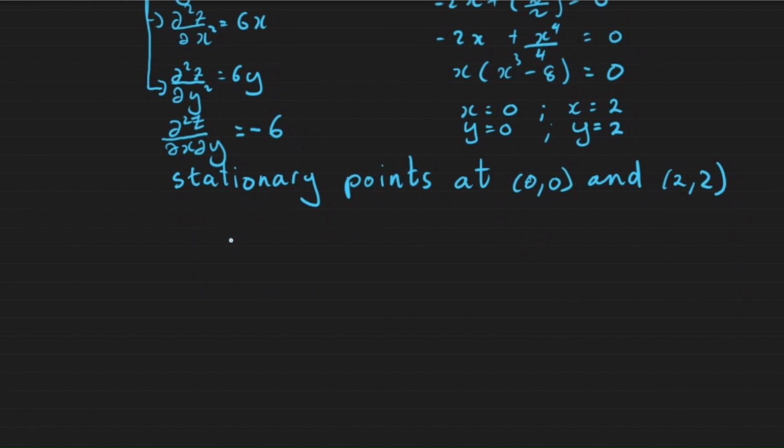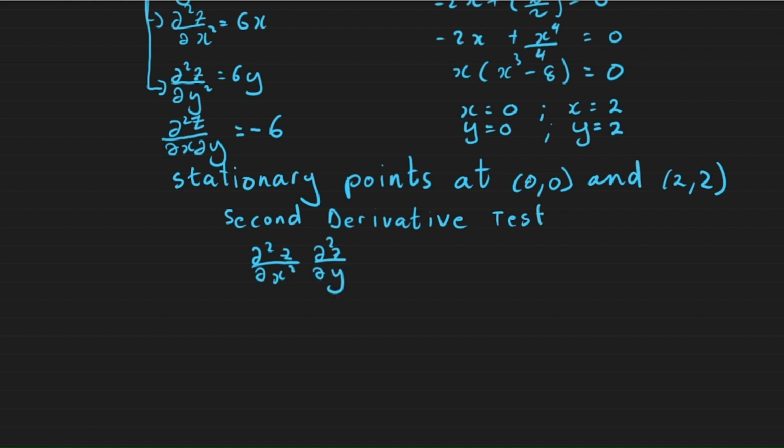So we can now apply the second derivative test. It is to check if the second derivative with respect to x and with respect to y, subtracted from the mixed partial squared, is greater than 0.